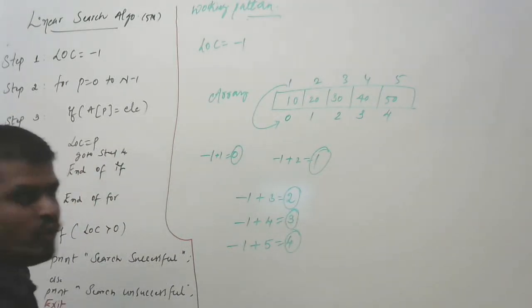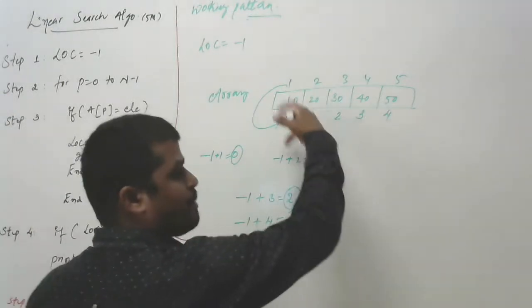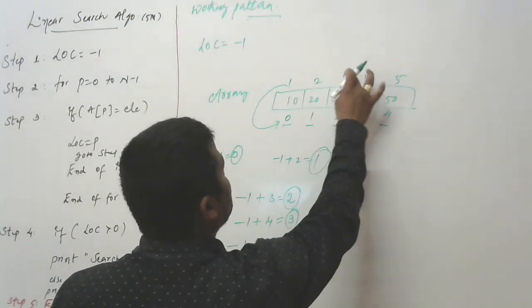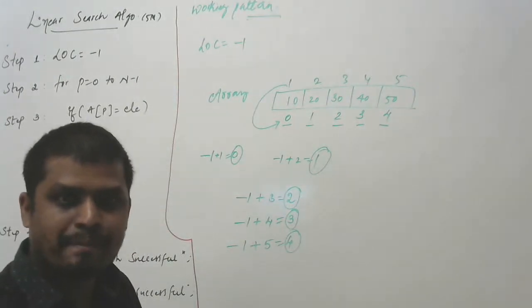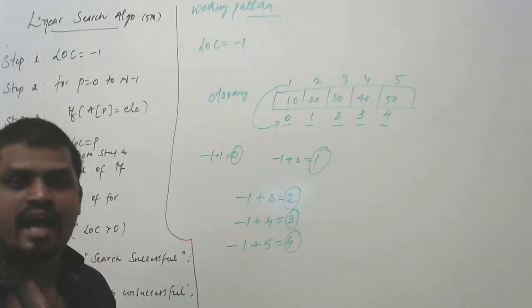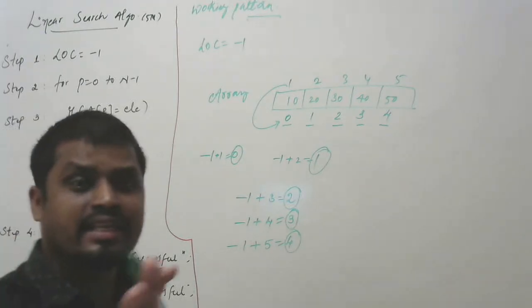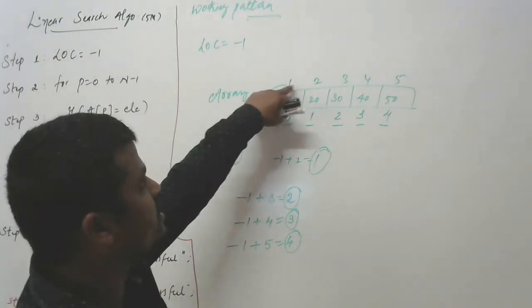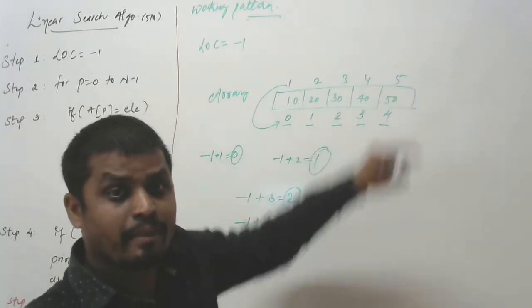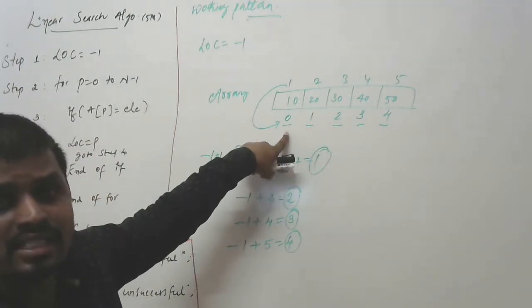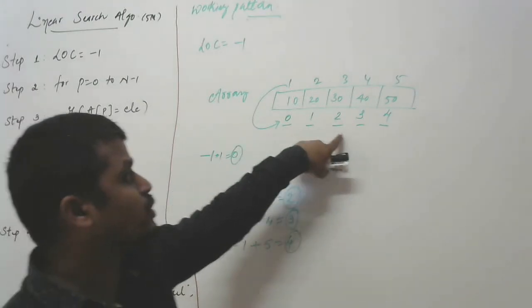Because I want to search the element in this memory block with the support of this location only, not with these numbers. Why? Because the compiler always considers array execution, not the normal execution. To calculate the length of the array we follow 1, 2, 3, 4, 5, but for the compiler we refer to array execution 0, 1, 2, 3, 4.